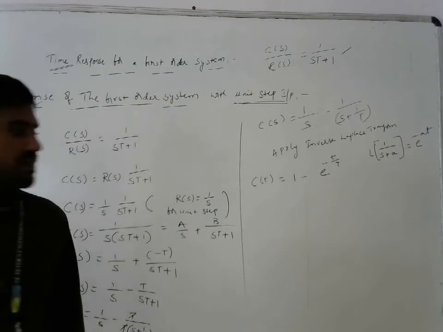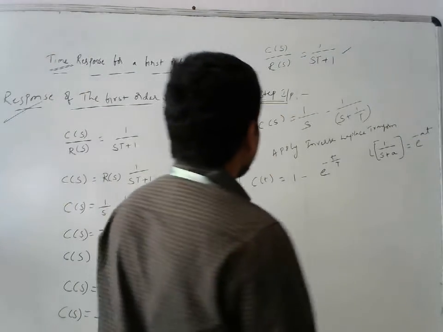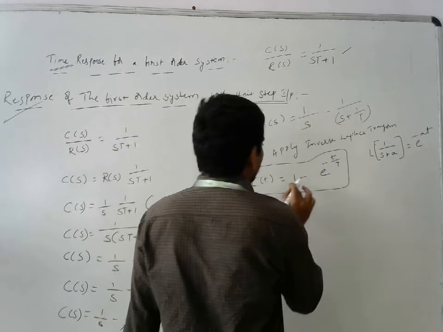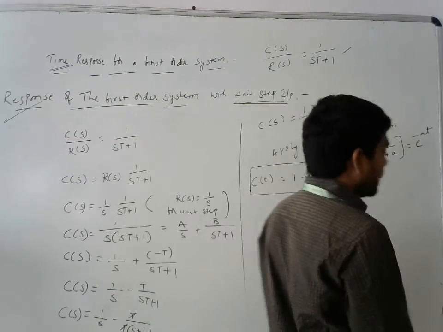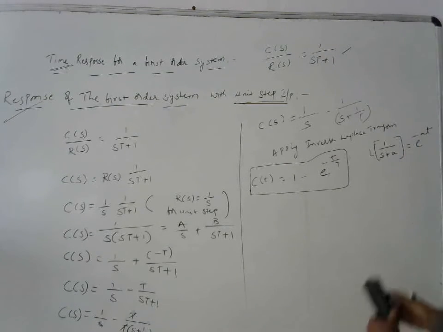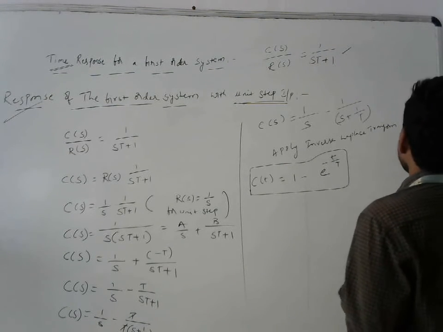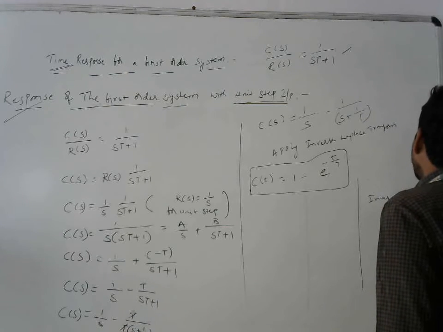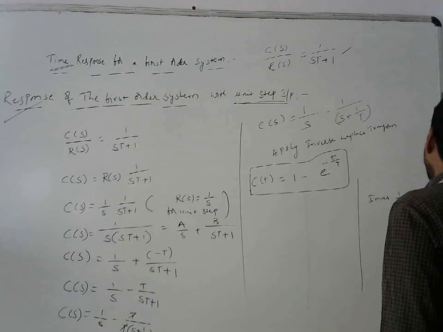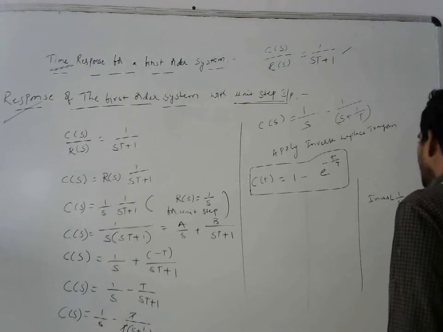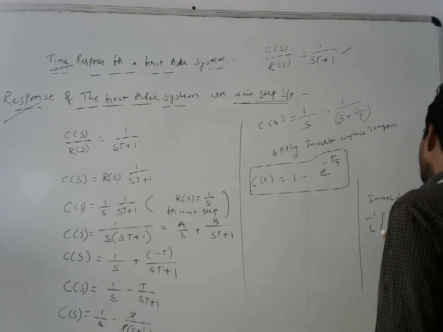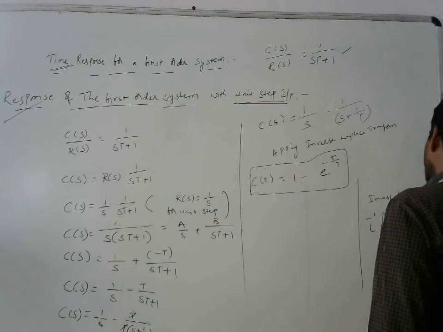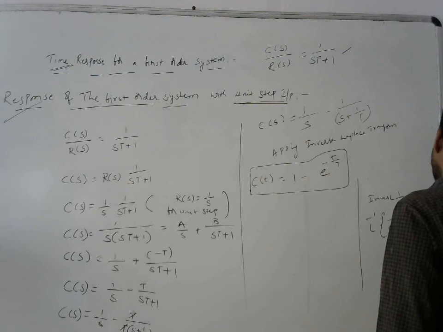Finally, C of t is equal to 1 minus e power minus t by capital T. Why? Because the inverse Laplace transform of 1 by s is 1, and L inverse of 1 by s plus 1 by T is equal to e power minus t by capital T.